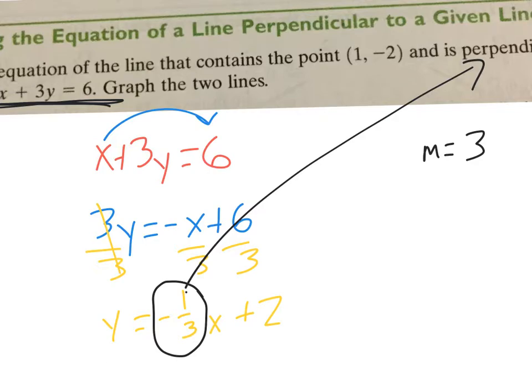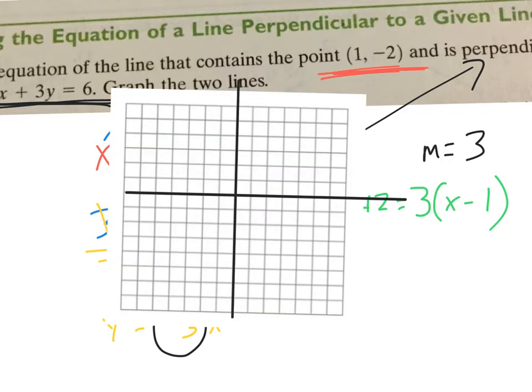So I know the slope of my line, and I know a point that's on my line, so I'm going to use point-slope form. y minus y1, which is negative 2, so that's plus 2, equals m, which is 3, times x minus x1, which is 1. And here's the equation of that line.